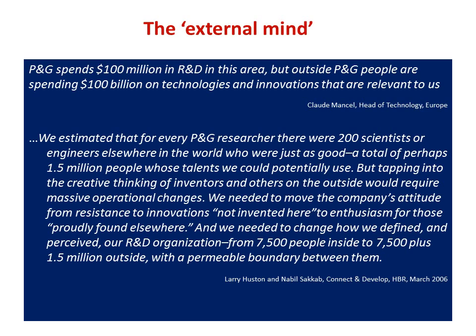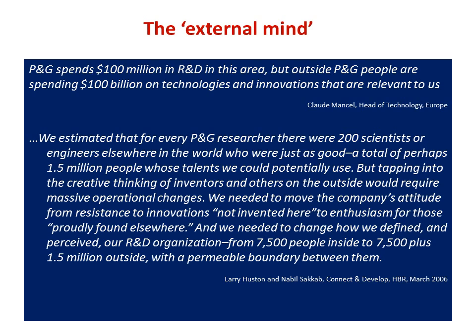But tapping into the creative thinking of inventors and others requires massive operational changes. So Connect and Develop is a way to transform the way the organization works, transforming the values of the organization, in order to bring in the networks of researchers and the networks that the organization can connect with.